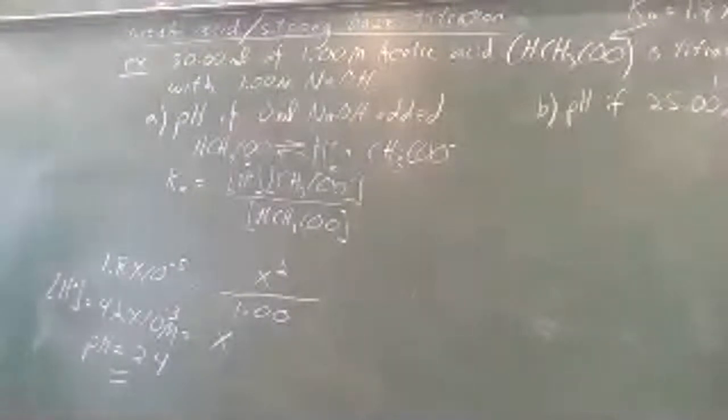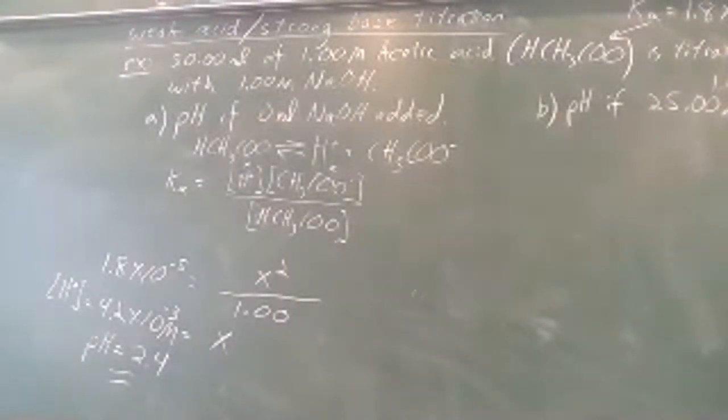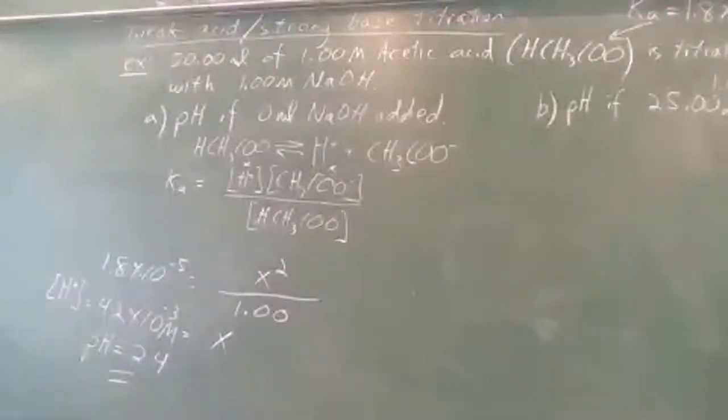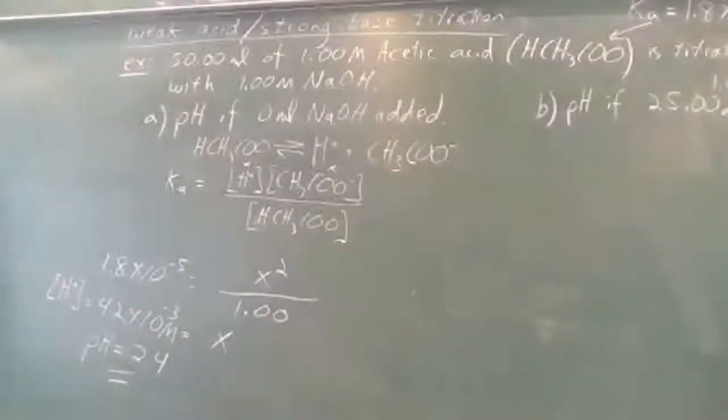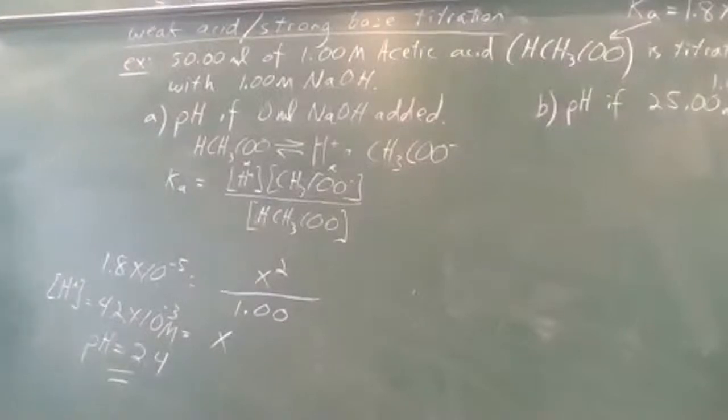Now, my people, I'm not choosing this at random. Why 25? What was our original amount of the acid? In other words, it's not luck. Lola? 50. So it's exactly half of 50. That is not luck.